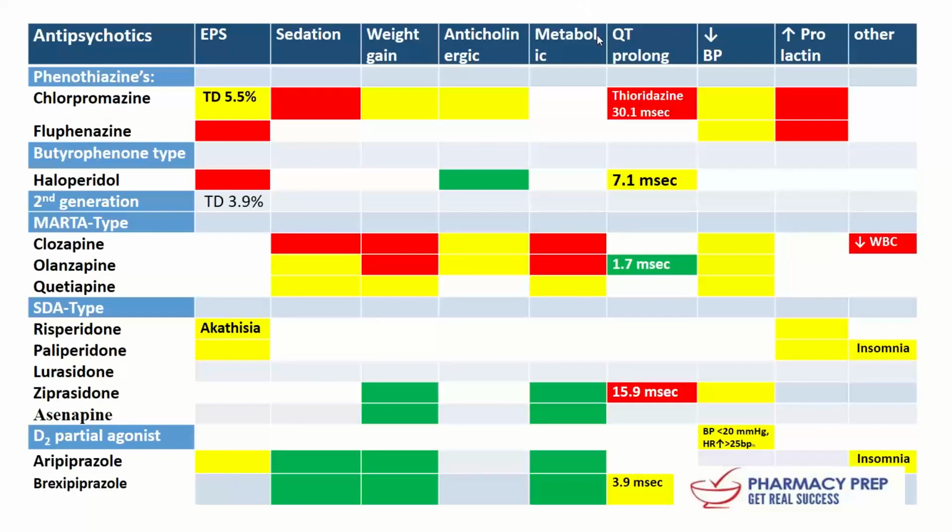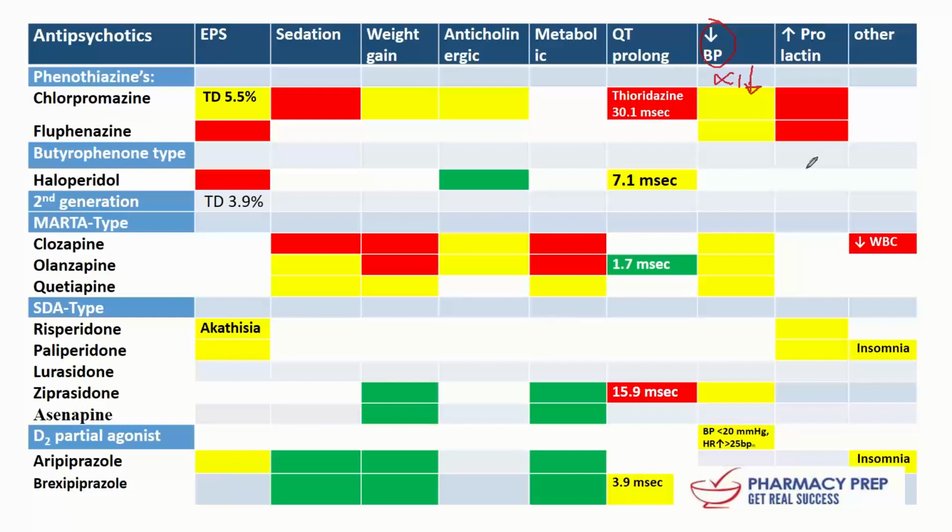Good. With QT prolongation covered, next we have another cardiovascular problem, that is blood pressure, also known as orthostatic hypotension. What that means is these drugs also act on alpha-1A receptors. Alpha-1 receptors are vascular constrictors.